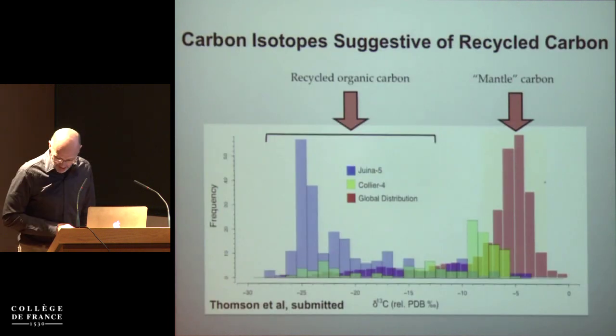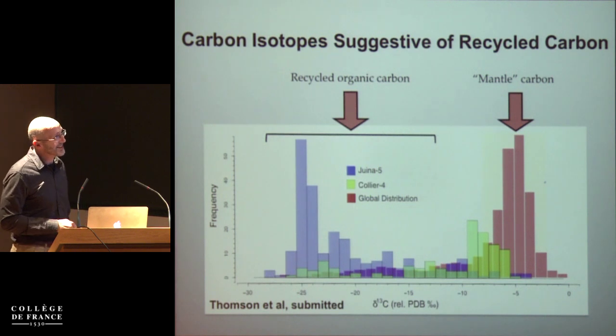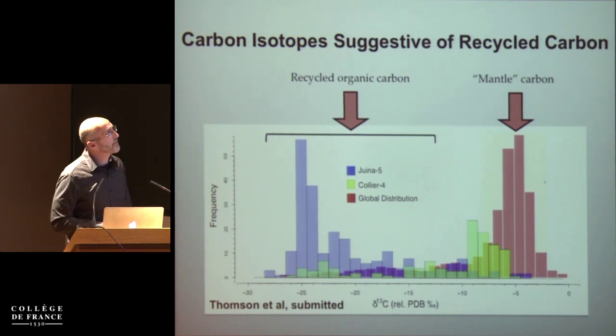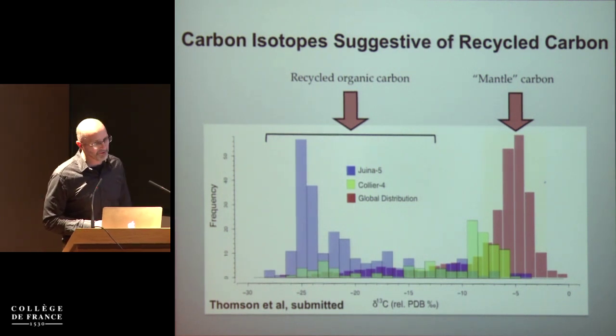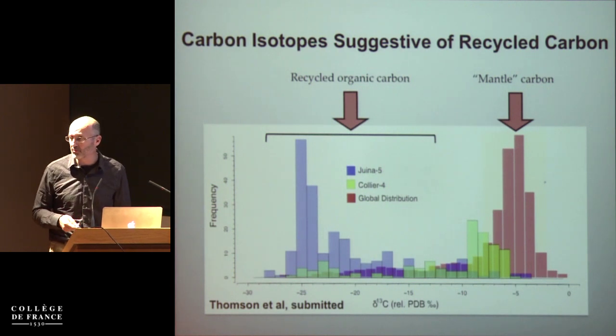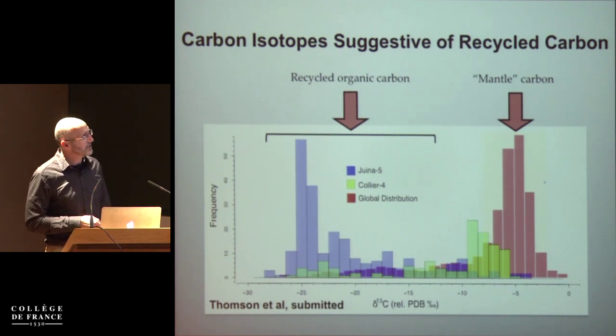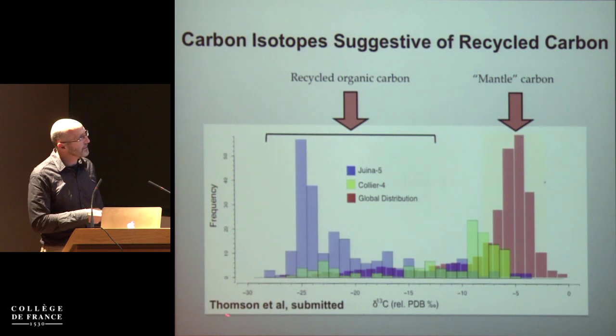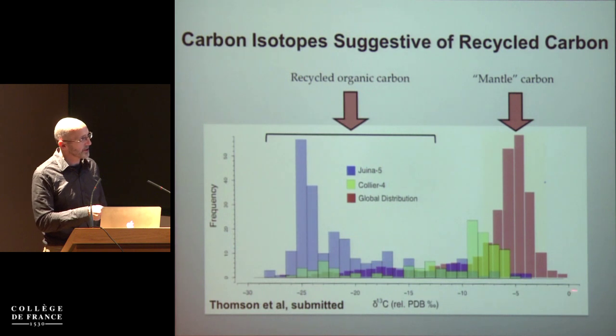I won't talk a lot about carbon isotopes, but I just want to implant in your mind that these diamonds are forming, in our view, from recycled material. So this is some work by my student Andy Thompson on a large suite of stones from the Juina 5 kimberlite. What you see here is delta C13 relative to some carbonate standard, which would be at 0.